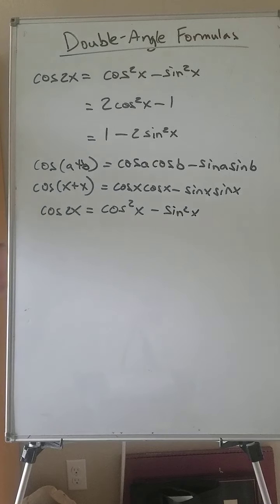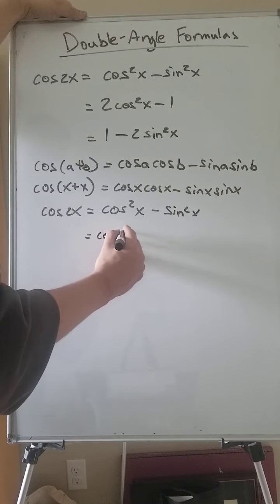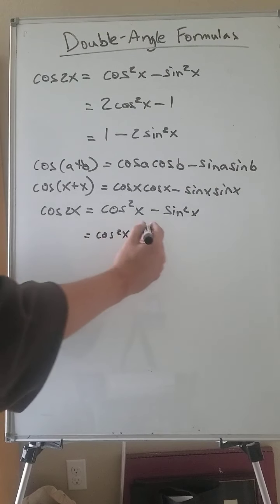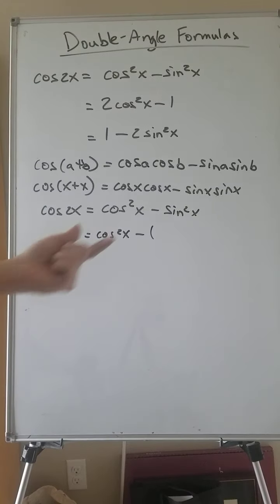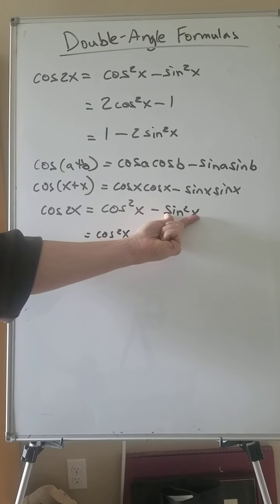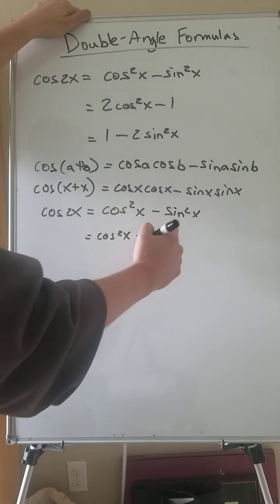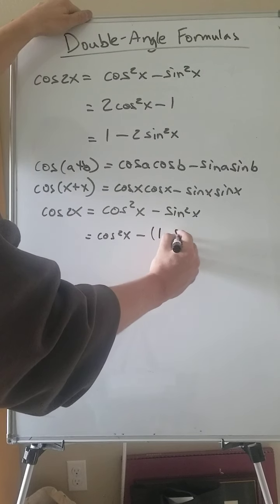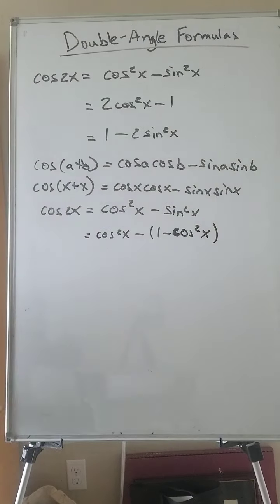And so what I could do is keep this as cosine squared x minus, but remember, we've done enough trig identities now, that sine squared x is the same thing as 1 minus cosine squared x. I can replace sine squared x with 1 minus cosine squared x.